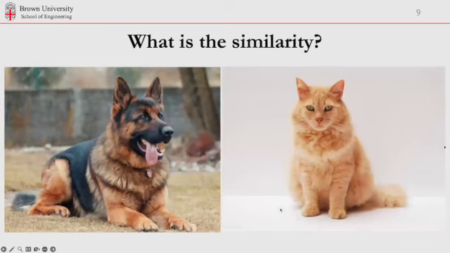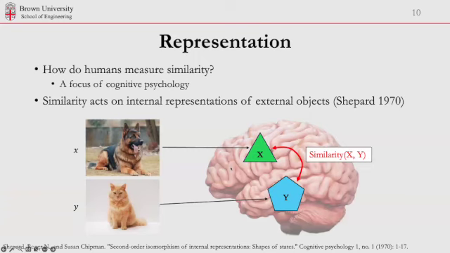So to start with the representation problem, we need to define what similarity is. And so humans can measure similarity. And that's the study of artificial intelligence, is how can we perform tasks like a human would? How can computers do that? And so one solution to measuring similarity is, well, what would humans do? And that's cognitive psychology. It's a big study of this field.